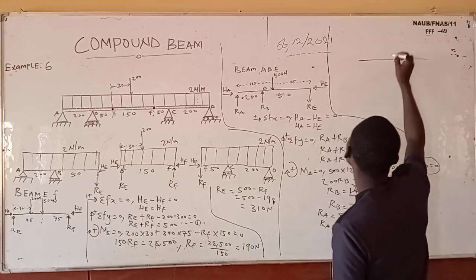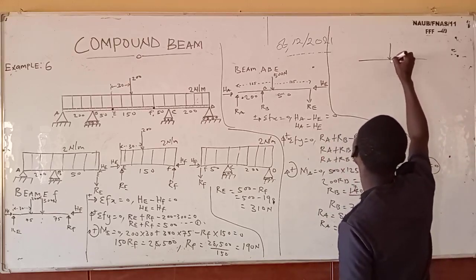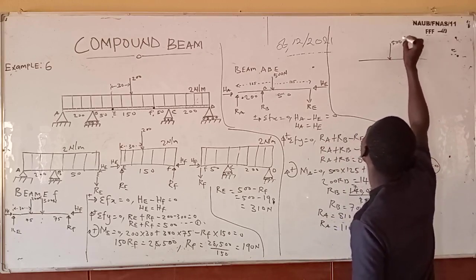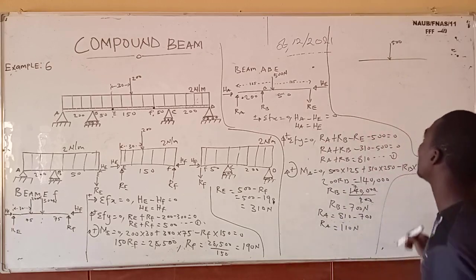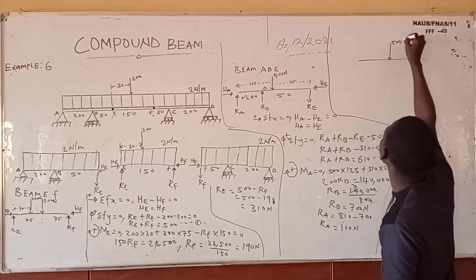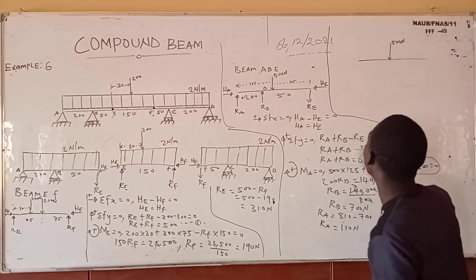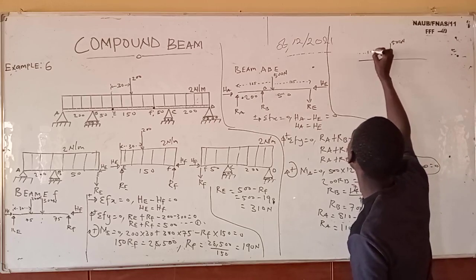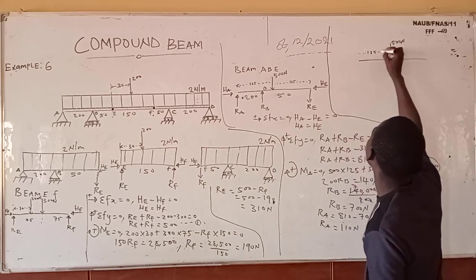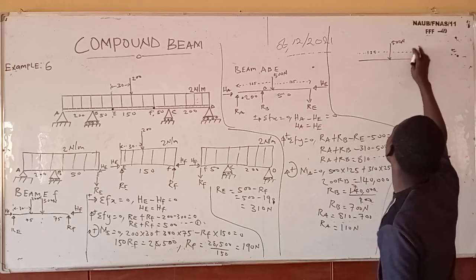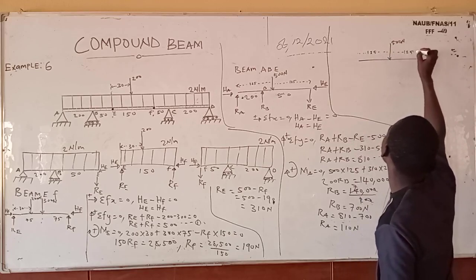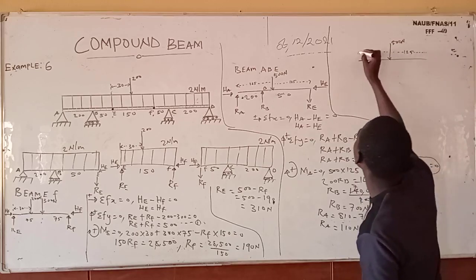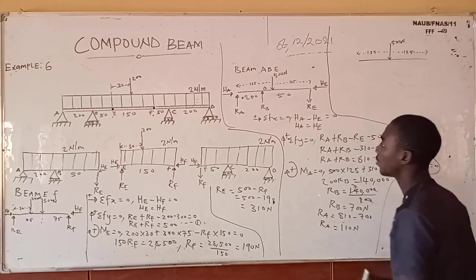It's going to act at the center of the beam. So this is 500 Newton. It's going to act at a distance of 125. Do you get that? So 125, 125.